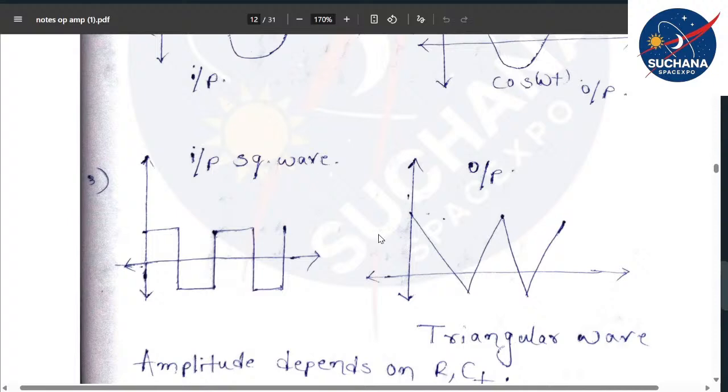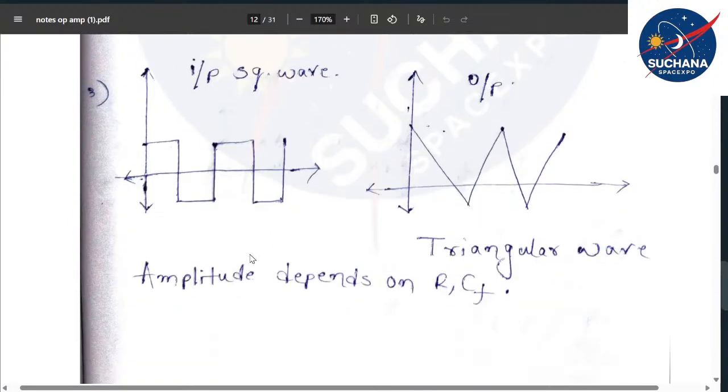Okay, now the question is, one more point, based on what parameter the amplitude of the waveforms depends. So amplitude depends on the resistor that you have chosen and the value of capacitance for the capacitor that you have chosen. Okay, depending upon the values of R and CF, the amplitude varies. This is one important point.